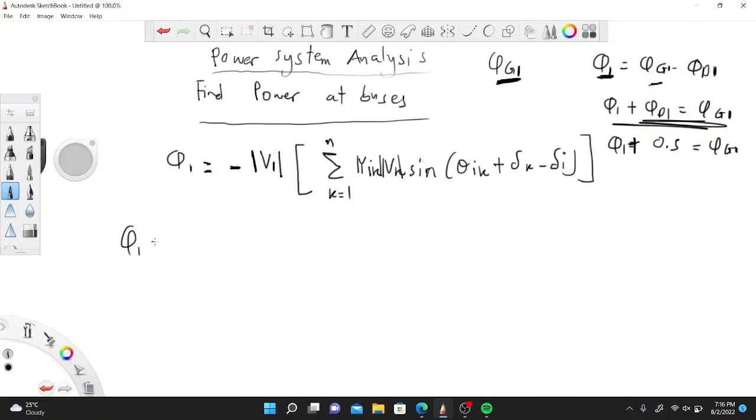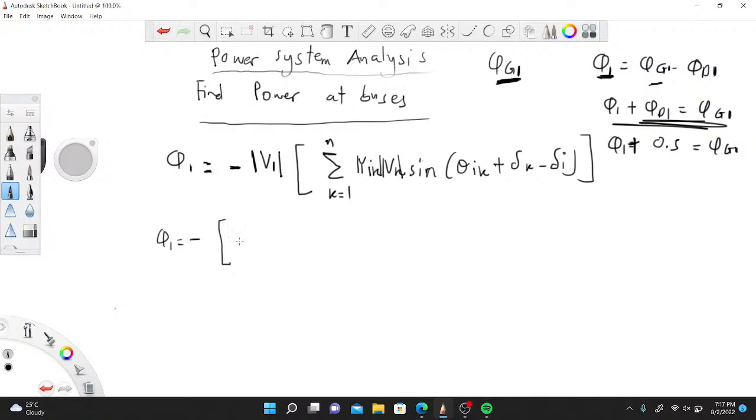So let's expand it. Q1 is equal to minus, bringing the minus out, magnitude of V1. When K is 1, I get V1.